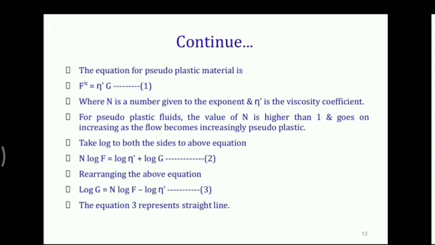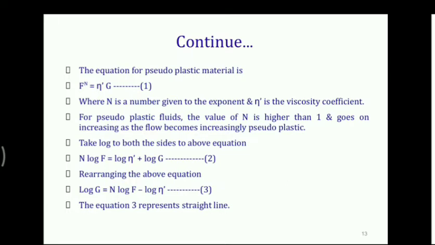Now the next is the equation. The equation for a pseudoplastic material is F^n = η' g, where n is the number given to the exponent and η' is the viscosity coefficient. The terms are the same: F is the shearing stress, g is the rate of shear, and η is the viscosity coefficient.